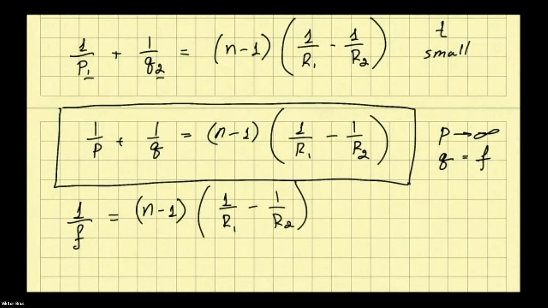So this is the so-called lens maker's equation, because with this simple equation, you need to know only the refractive index of the material from which you make the lens and the radii of the first and second curvatures of this lens. And that will give you the focal distance of this lens.